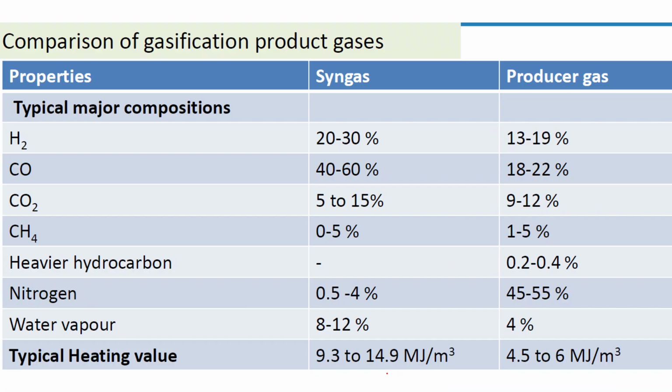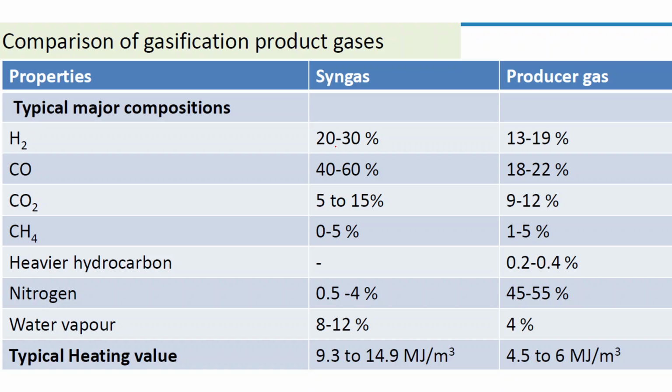Coming to the comparison of two basic products which we get from the process: one is syngas, that is carbon monoxide plus hydrogen, and the other is producer gas, which is formed when we use air instead of oxygen. So there is an increase in the nitrogen content.